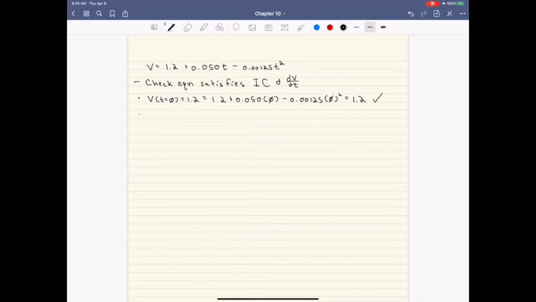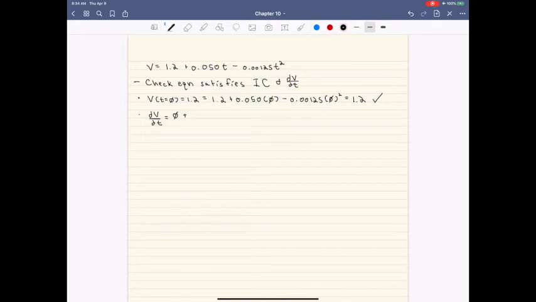Let's now see if it satisfies the derivative, the dv dt expression. If we take the derivative of the equation that we derived here, let's go term by term. The derivative of 1.2, which is a constant, is 0. So we'll put 0 there.